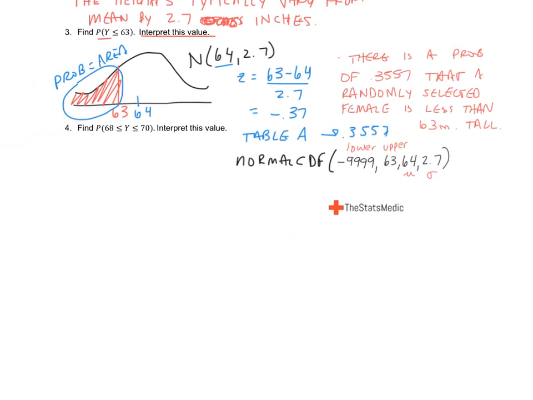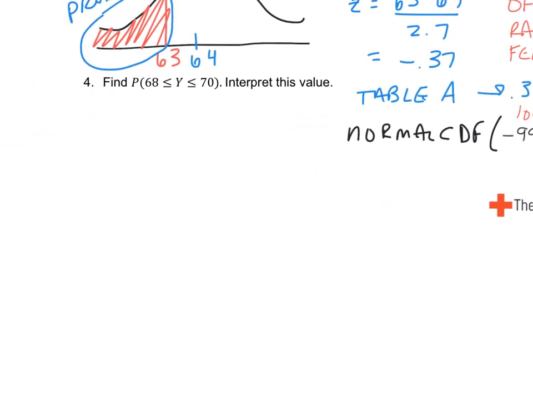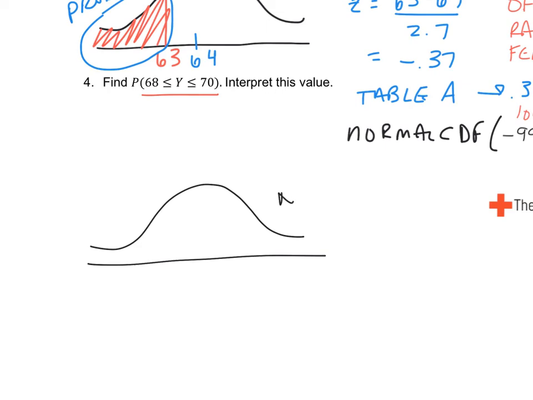And of course they're going to ask us to do something that's between two values. So find the probability that a randomly selected female is between 68 and 70 inches. So if I draw in my curve here, of course I label it with my 64 and my 2.7. I put in my mean of 64. I can draw in my values, and I'm going to be between 68 and 70.